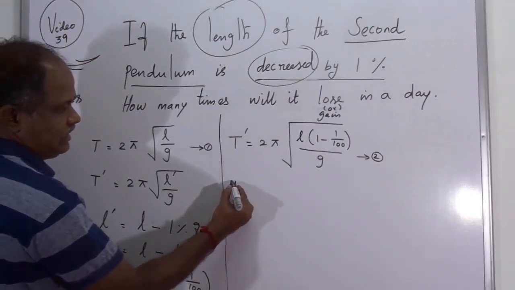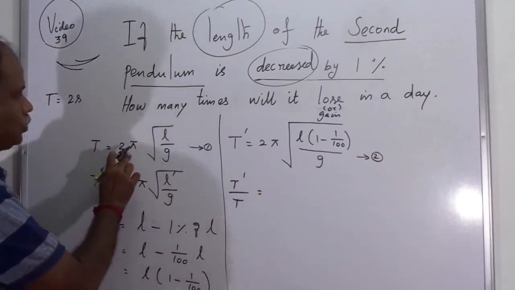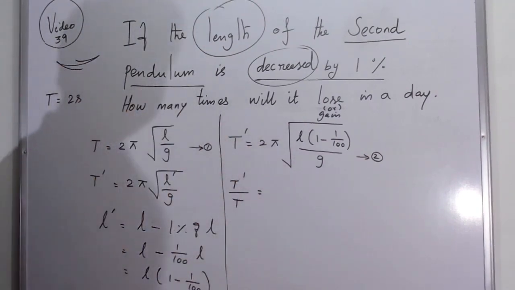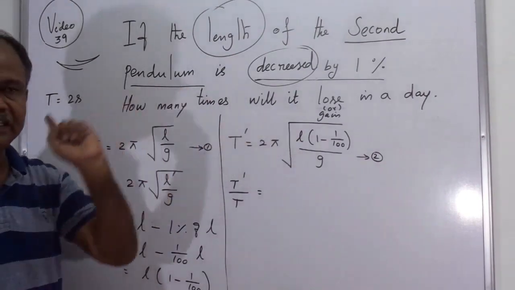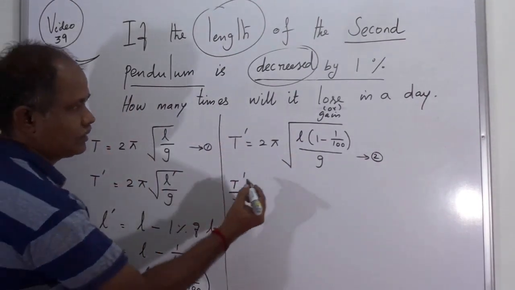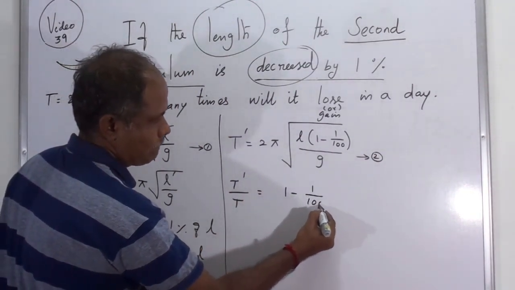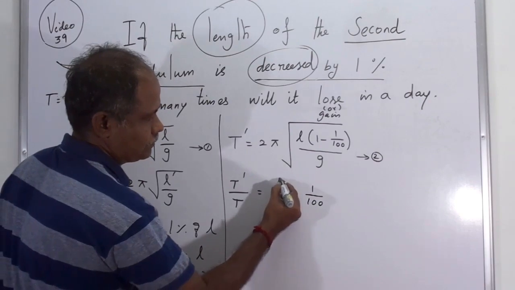That is T dash divided by T. 2 pi gets cancelled, L gets cancelled, g and g also get cancelled. The remaining term is 1 minus 1 by 100 under square root.